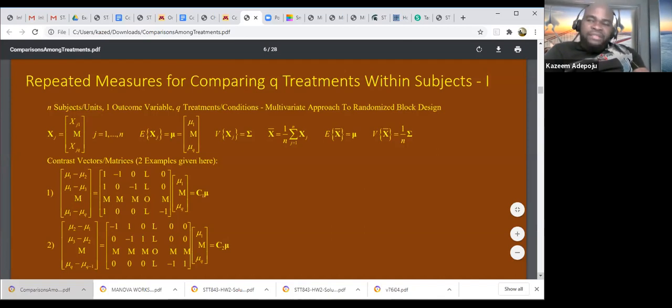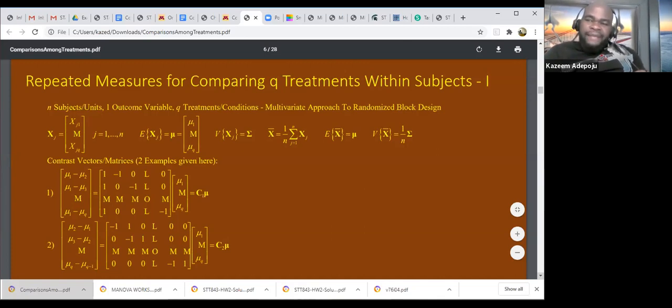Now, we have one-way analysis of variance, two-way analysis of variance, three-way analysis of variance, and so on like that. What I want to talk about right here is the randomized complete block design.